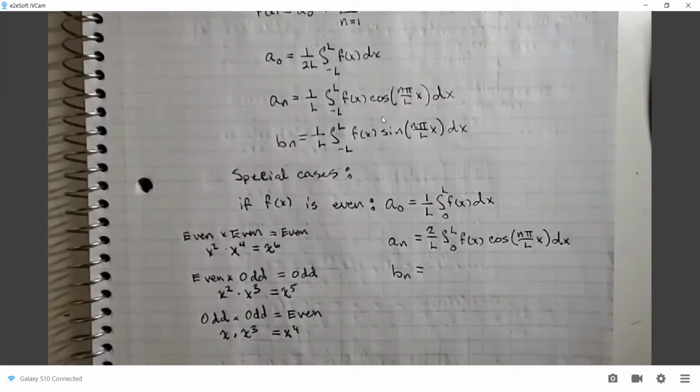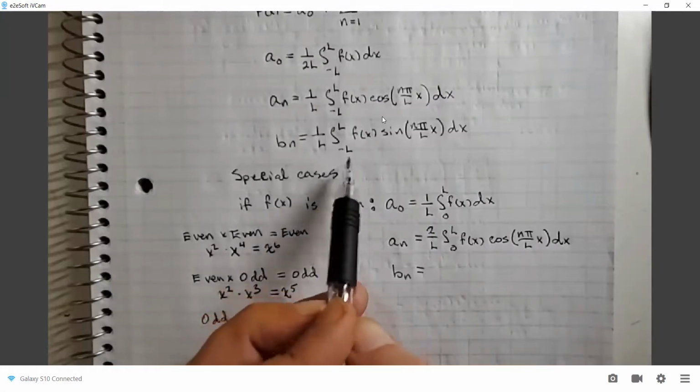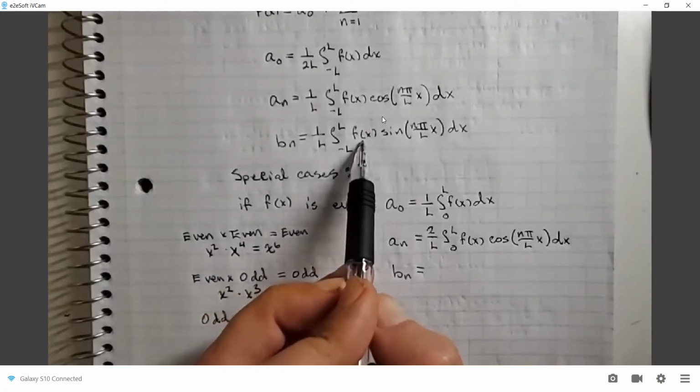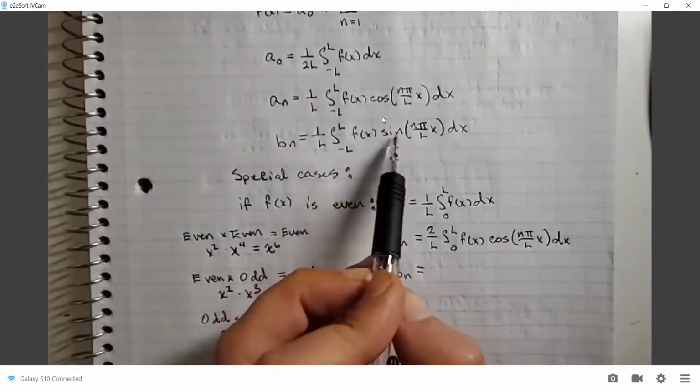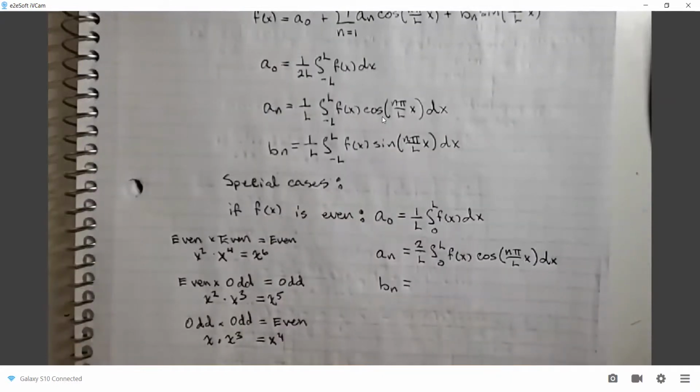That one's 0, right? Because if f of x happens to be even, sine is odd. Even times odd is odd. And if you integrate an odd function from minus L to L, you get 0.